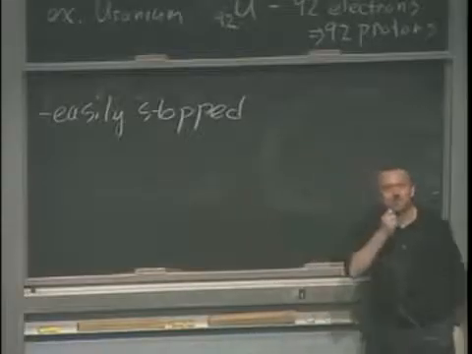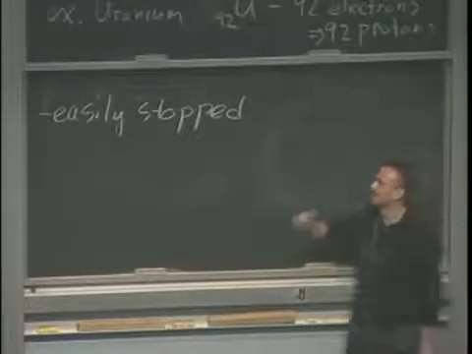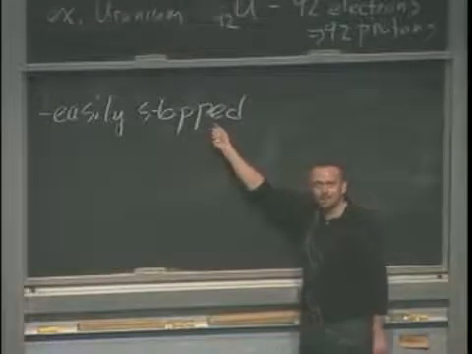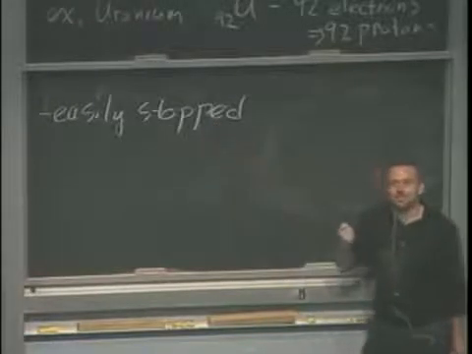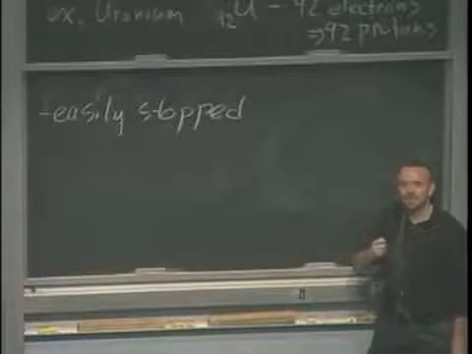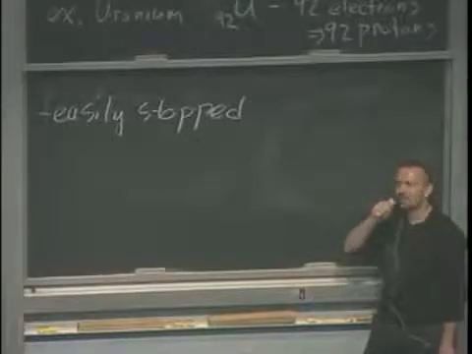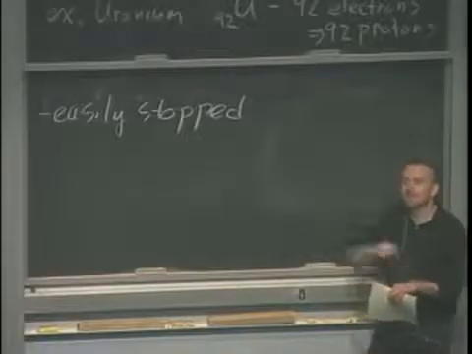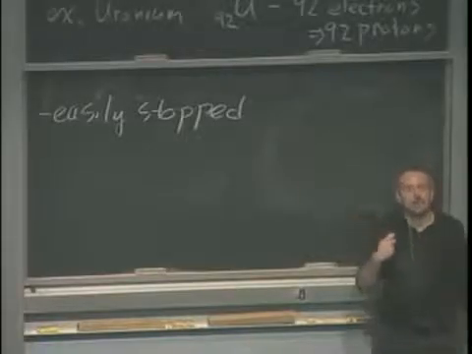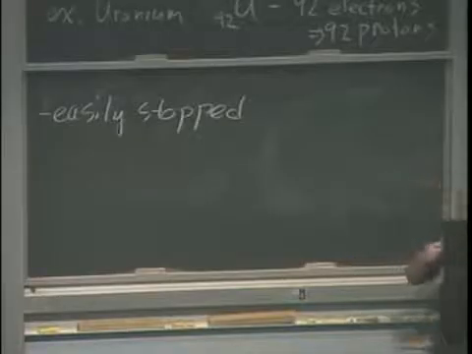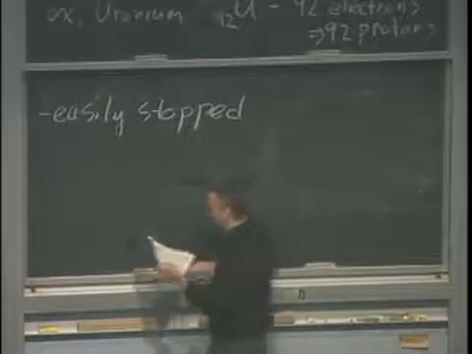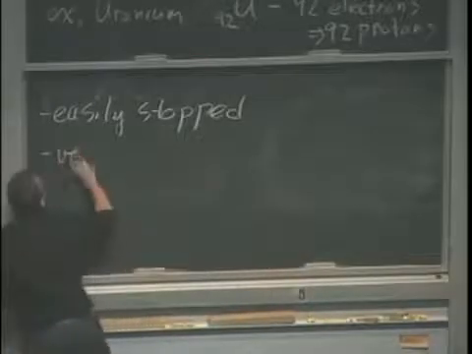So that is the radioactivity that is coming out of this. But helium is very easily stopped. Helium-4 is a heavy nucleus. It will stop in a very, very small amount of material. So for example, it will not penetrate your skin, and if it's coming through the air, it'll tend to stop in air. So this is not the most dangerous of the radioactive decays. It's easily stopped unless it's swallowed.